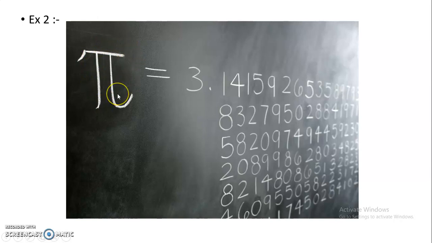There you use pi. So pi is a famous irrational number. How? See this, 3.1415926. So this is going on and on. This series is non-terminating and also non-repeating. So this pi becomes an irrational number.